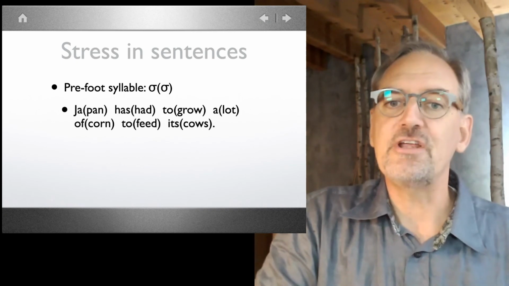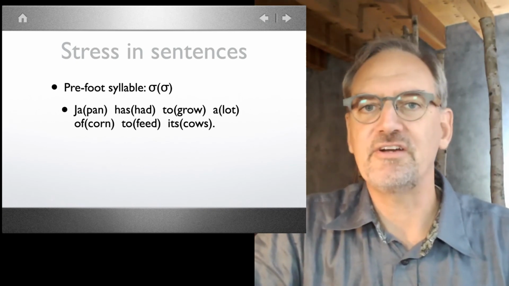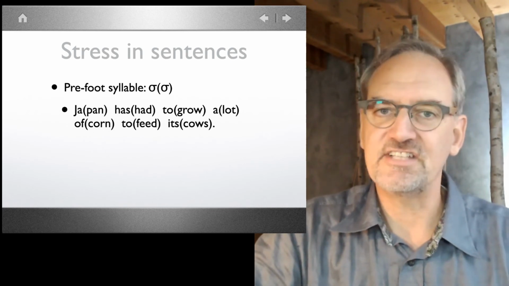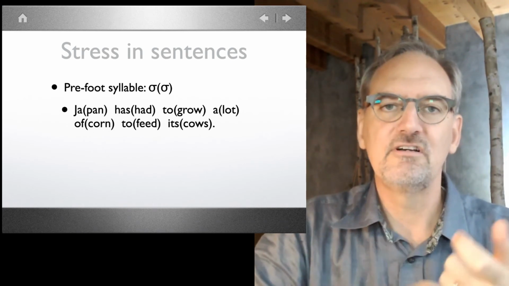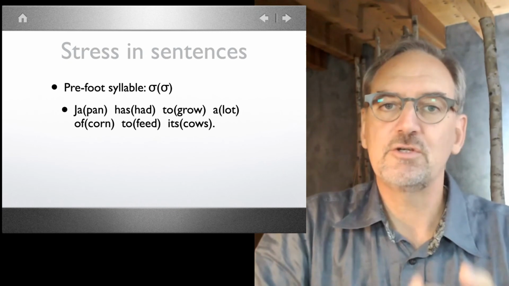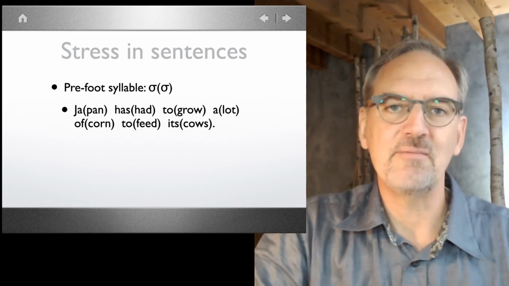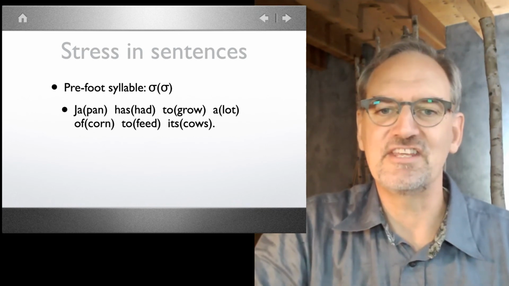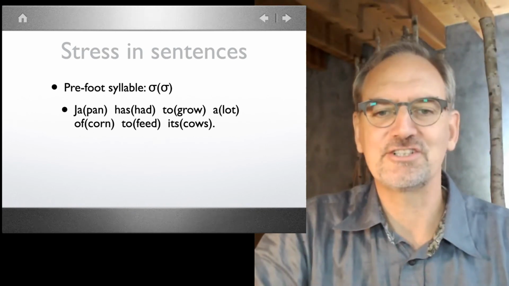So the example of the pre-foot syllable does appear in sentences as well. Right? So Japan is an example of a light syllable followed by a heavy syllable. So only the pan is forming a monosyllabic foot. But I can create sentences with this pre-foot syllable structure.